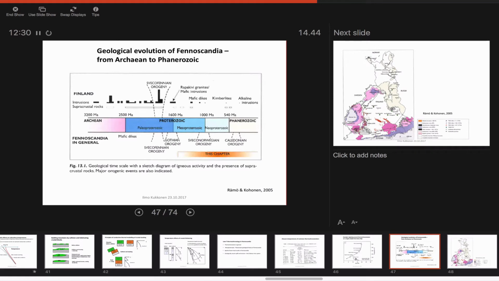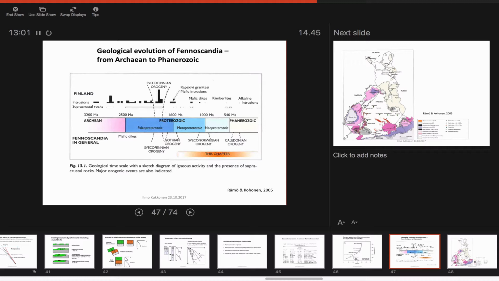Well, then, Fennoscandia. The Fennoscandian geology is a result of several billions of years of evolution. The oldest rocks in Fennoscandia are about 3.75 billion years, at least the oldest zircons known in the Finnish Archean. But most of the Archean was formed about 2.7 giga-years ago.